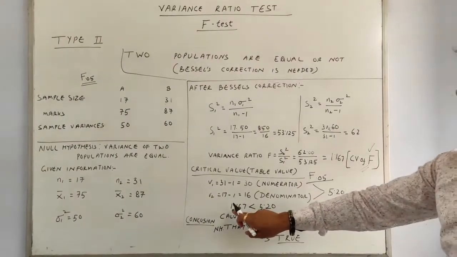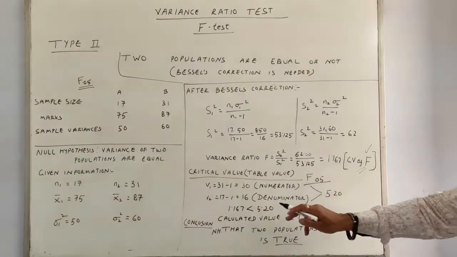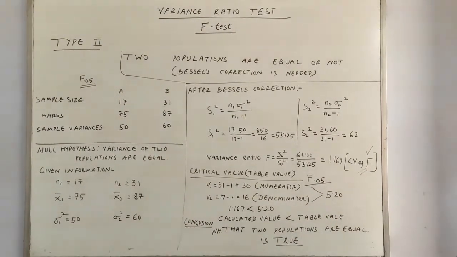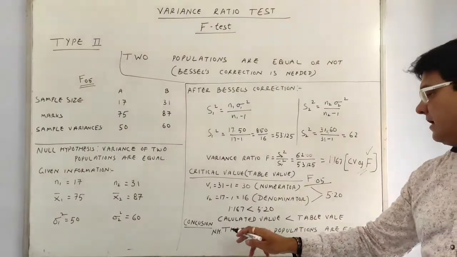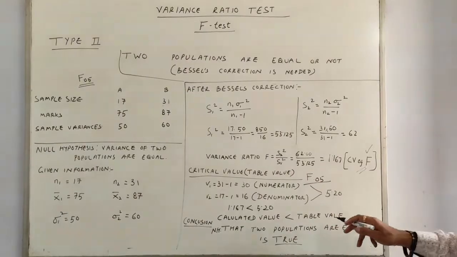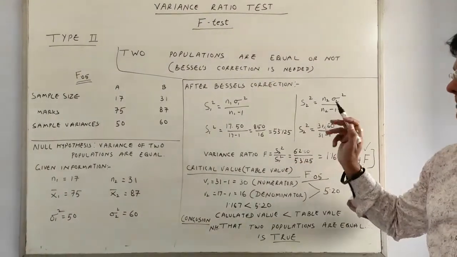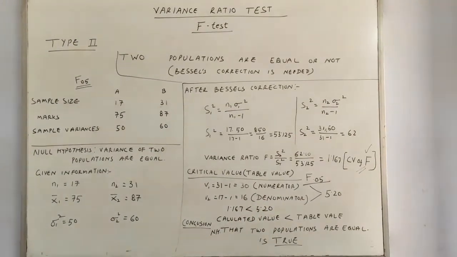So as we know, 1.167 is less than 5.20. That means the calculated value of F is less than the table value or critical value of F. Therefore the null hypothesis, that the two populations are equal, is true. Our assumption is true, and that is our conclusion.